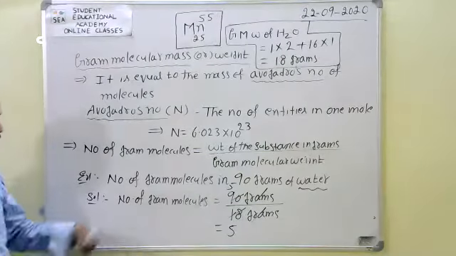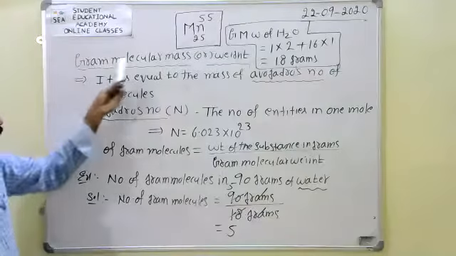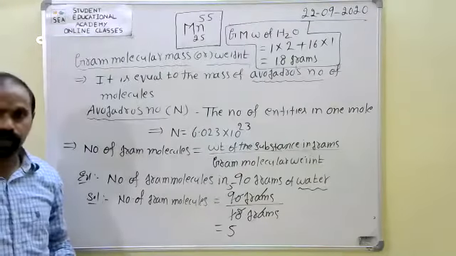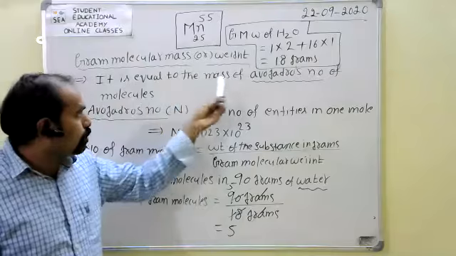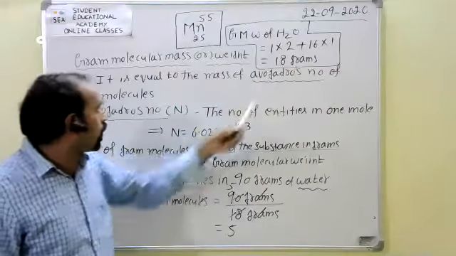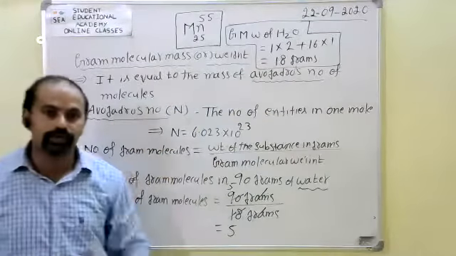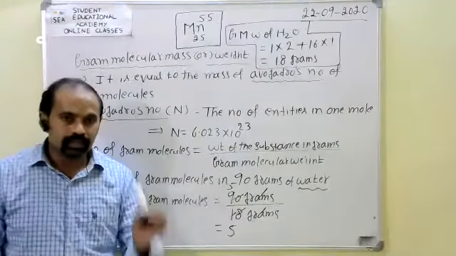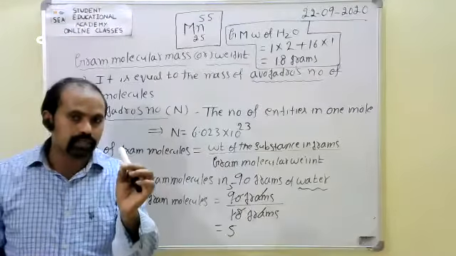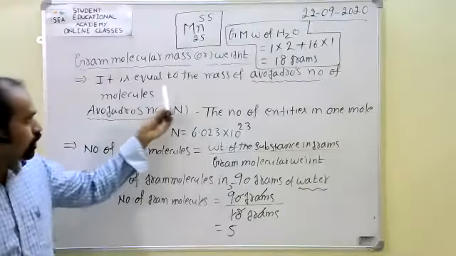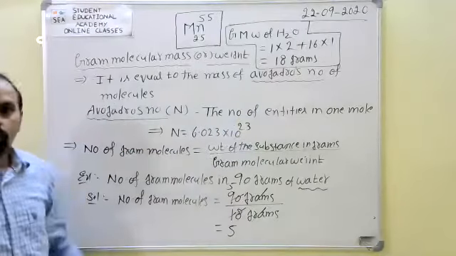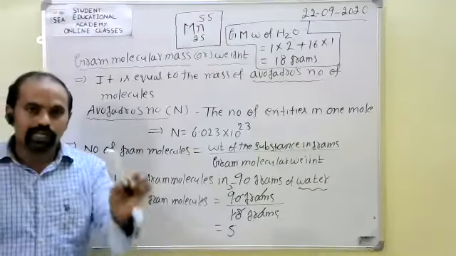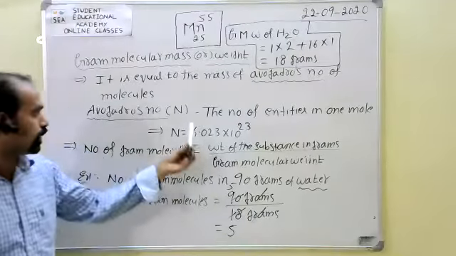So here, gram molecular mass, as I have given before, is equal to the mass of Avogadro's number of molecules. What is called Avogadro's number?